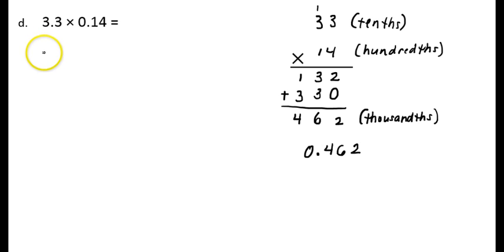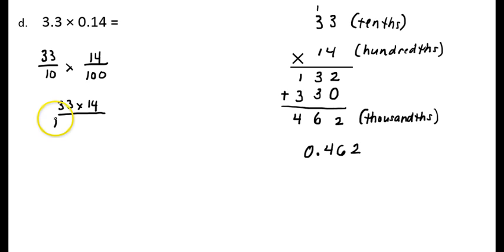And in fraction form, we would have 33 tenths times 14 hundredths, which means we'll take 33 times 14 over 10 times 100.